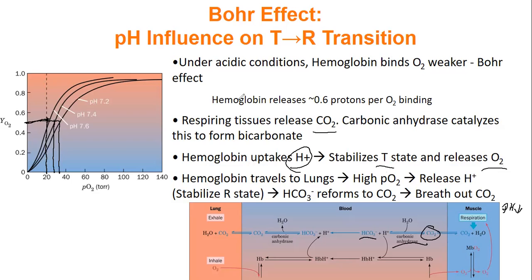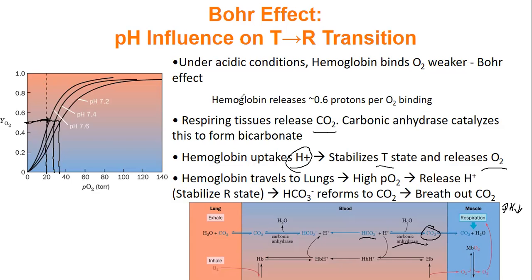So I'm just going to repeat the beauty of that. Your muscles are exercising. They're doing work. The waste product is CO2. CO2 is changed into an acid. Your blood becomes acidic around your muscle. If hemoglobin's around, it will adopt the T state in the acid and release O2.